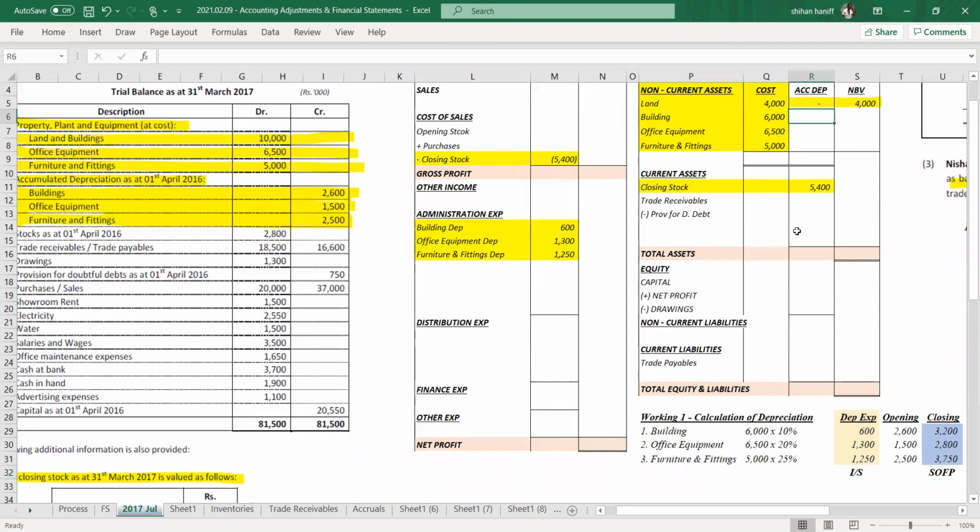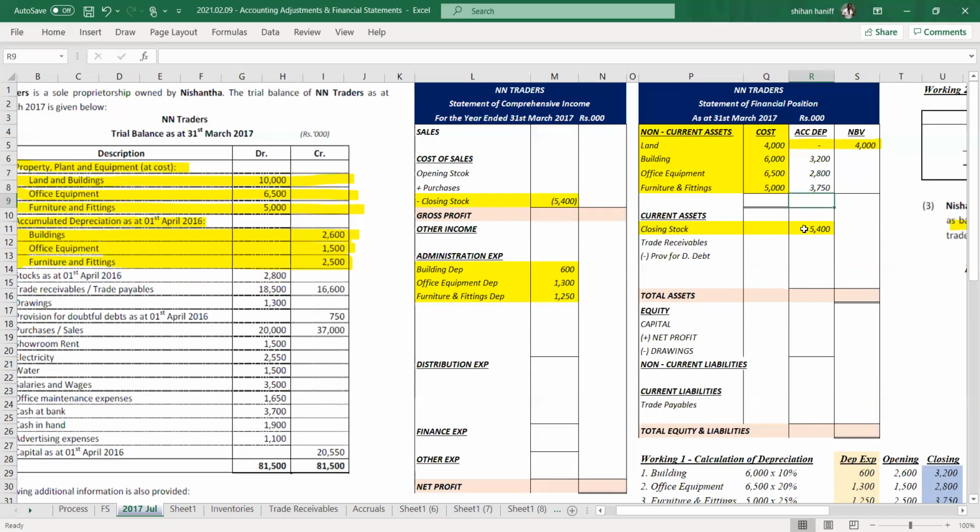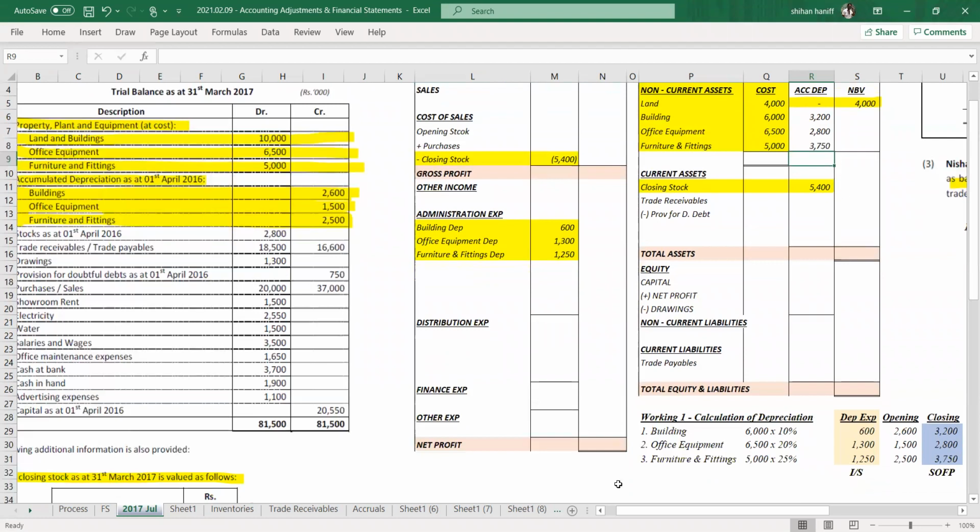So under accumulated depreciation, building is 3,200, office equipment is 2,800, furniture and fittings is 3,750. So then you will complete this. There is a question. So you have to minus the stock. Stock.